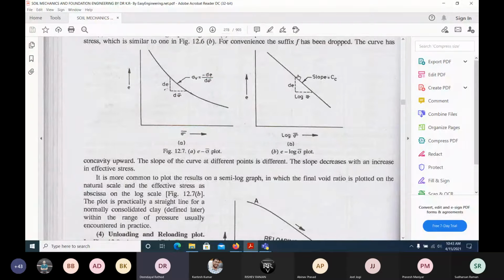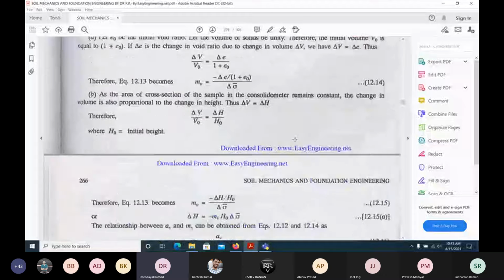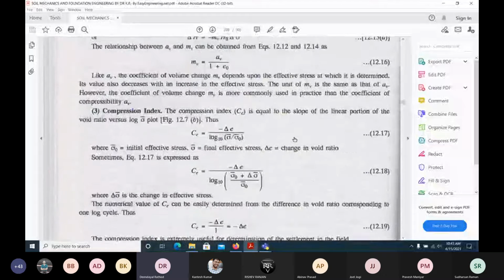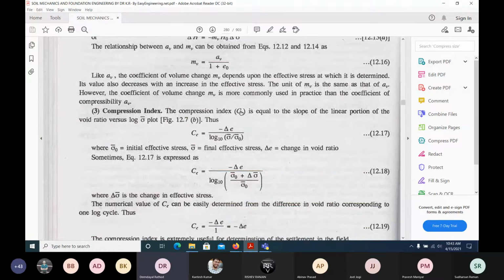So in the e log P curve, the change in void ratio over the change in log sigma, whatever slope you get, is called Cc. That is what is given here: compression index Cc is equal to the slope of the linear portion of the e log P plot, whatever we have seen.